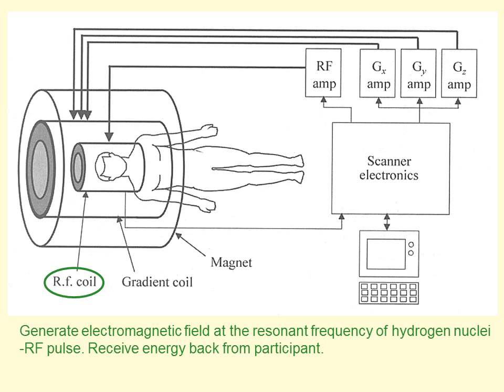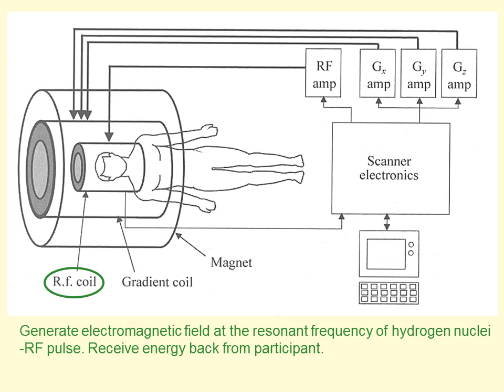This energy is absorbed by the participant, and then after it's been absorbed, it's emitted from the participant. And the second job of the radio frequency coil is to register or measure this energy which is emitted back from the participant as current in the radio frequency coil.